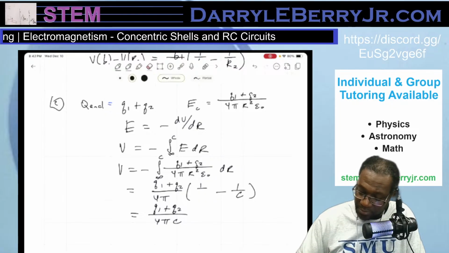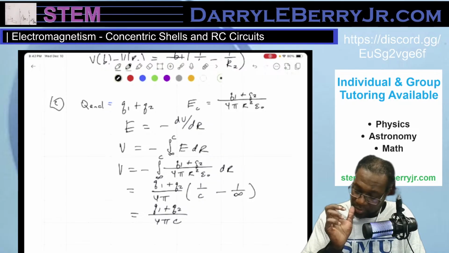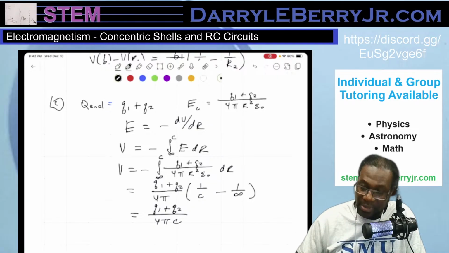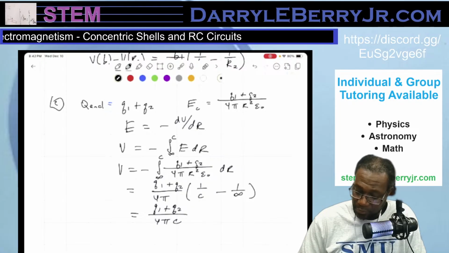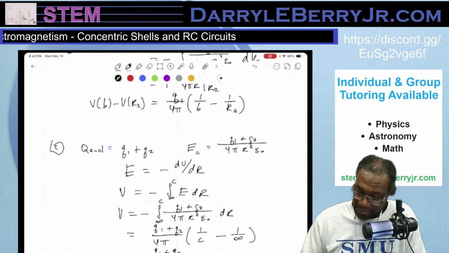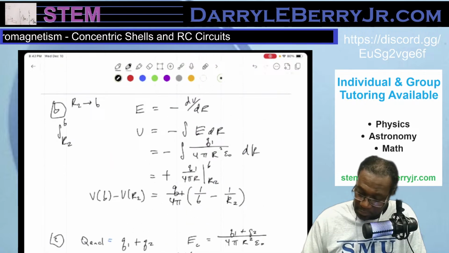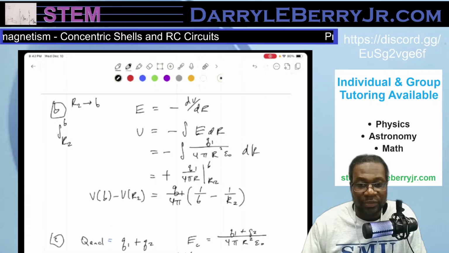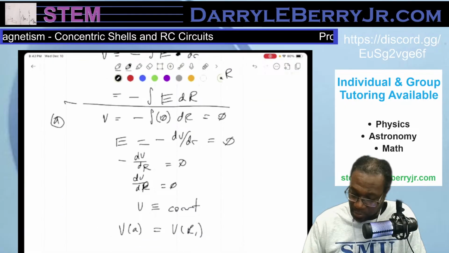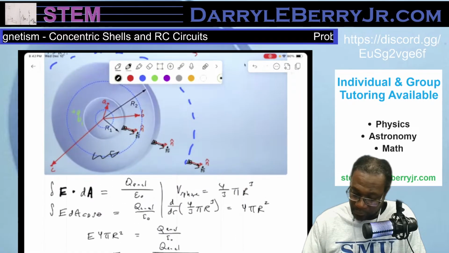So the C would actually be first, and the infinity will be second. That would have changed my sign, so it'll stay positive. So the potential for that part should be Q plus 1 over 4 pi C. And let's see if I did a naming convention mistake on the middle part. I think we're good there.